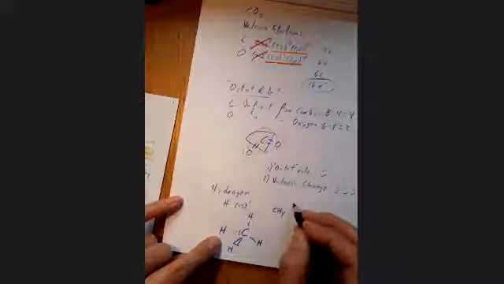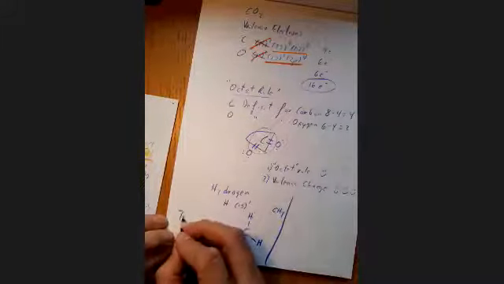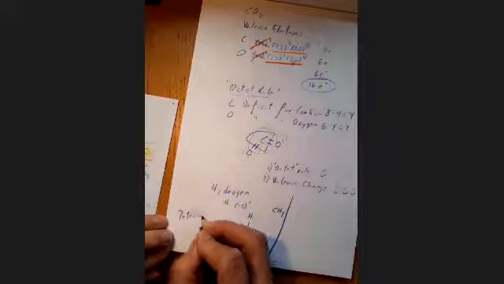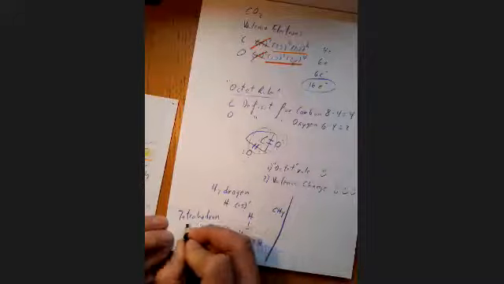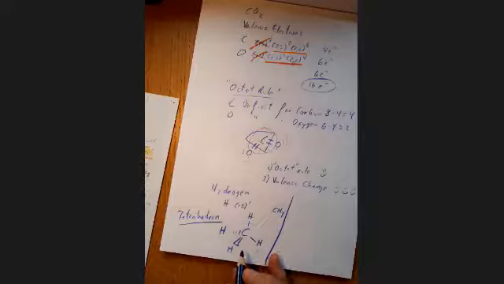Now, I drew this 3-dimensionally as a tetrahedron because I was thinking that these electrons and these bonds might like to get as far away from one another as they possibly can in order to minimize the electrostatic repulsion.